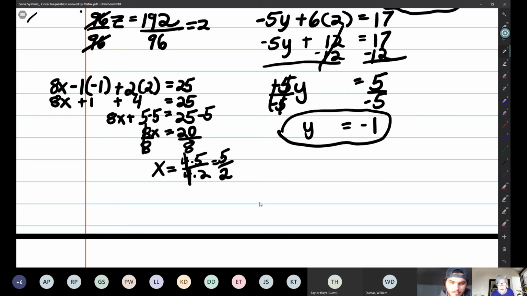Now, when you learned how to graph, you learned that points are called ordered pairs. Like for instance, if you have an X and a Y axis, this point might be 2, 3. And it's called an ordered pair because order matters and pair means 2.